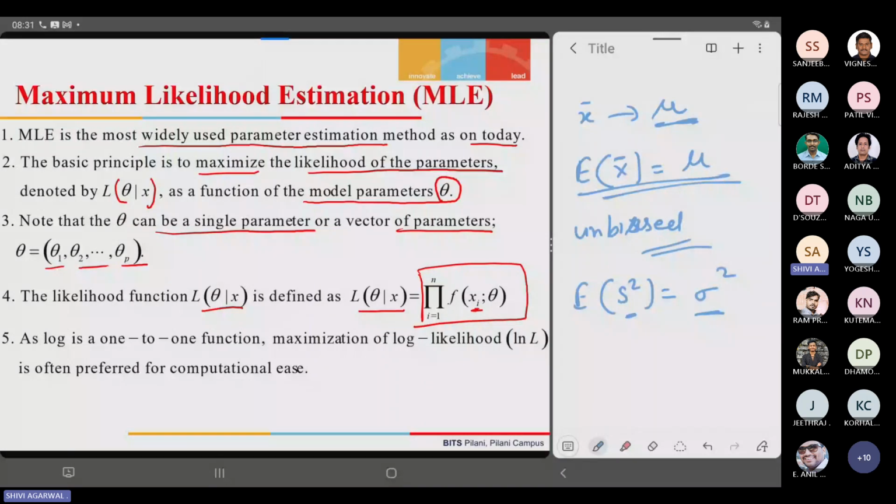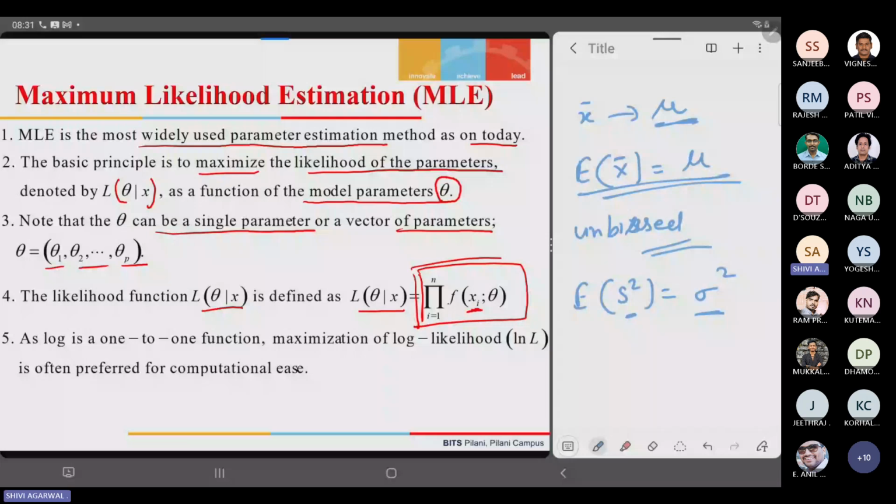If they are independent, the joint density function is equal to the product of the marginal density functions. Since they are identical, they have the same density function. But xi is different, so it becomes the product of marginal density functions to make the joint density function, and this joint density function is considered the likelihood function.